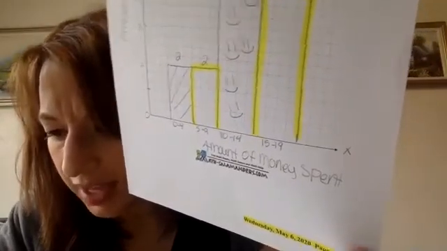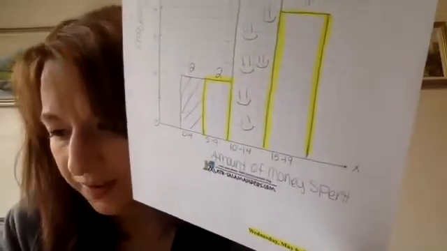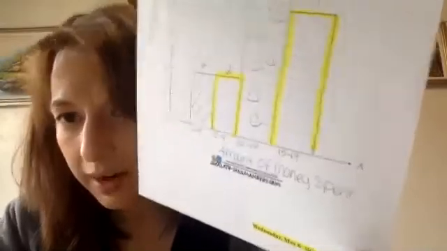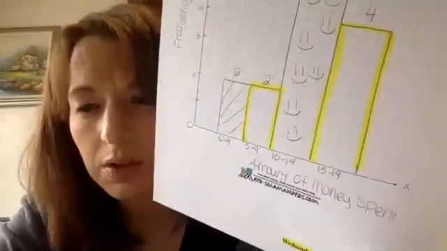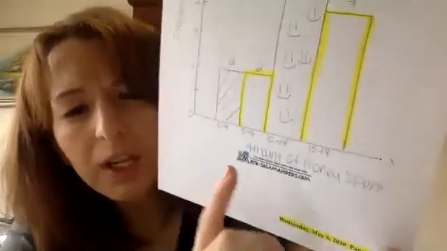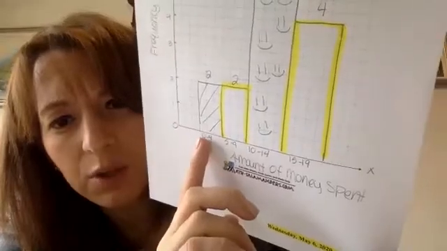Okay? And then what we're going to do is figure out how we are going to count. We are going to skip 4 boxes in between 0 and 0 here.